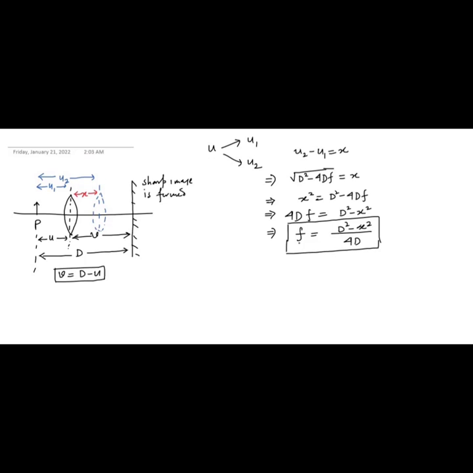This is the focal length of the experimental converging lens. What is on the right hand side of this expression? D, the distance between the object and the screen, is known to us. And x is the shift of the lens, the distance between the two positions of the lens for which a sharp image is formed on the screen.